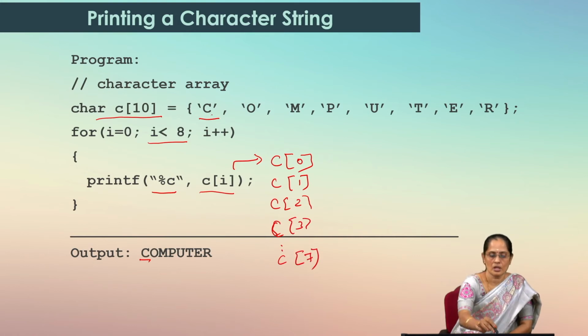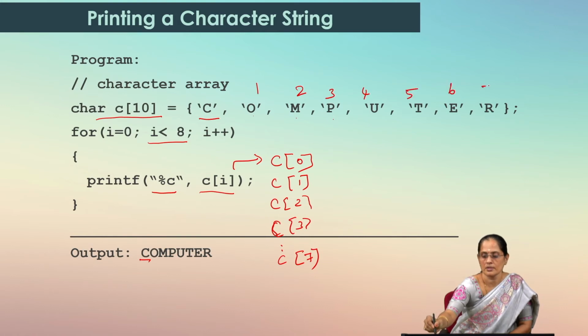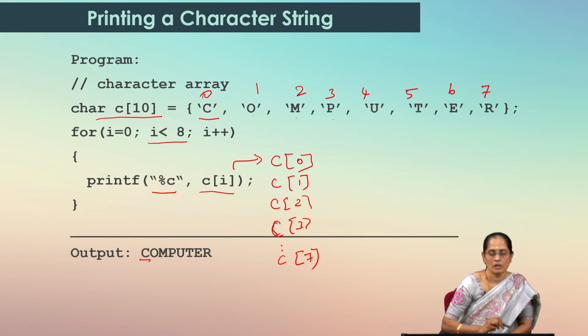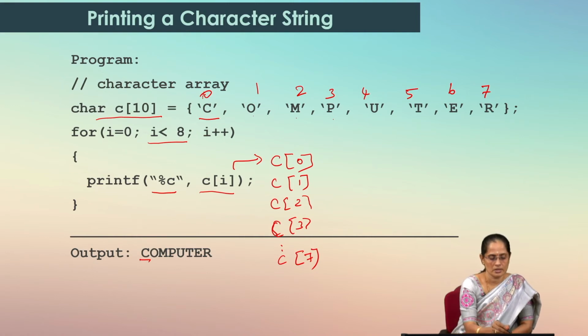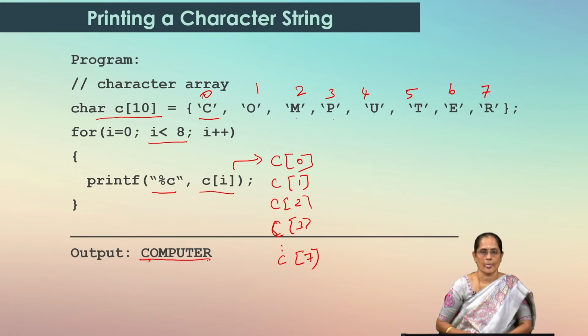So, C of 0 to C of 7, 8 characters. It is iterated through a for loop, and every time the character is retrieved from the memory and displayed as output together as a string.